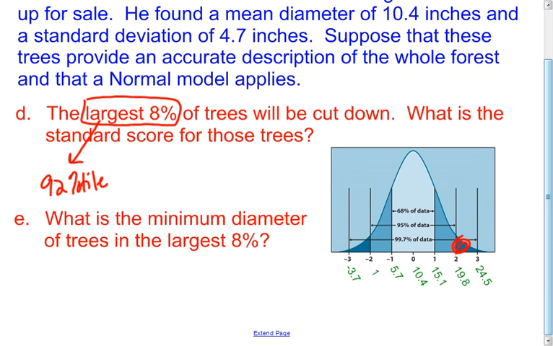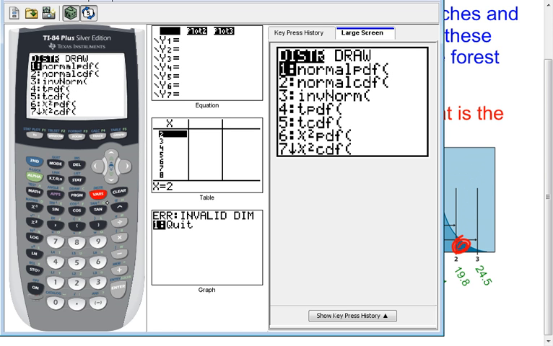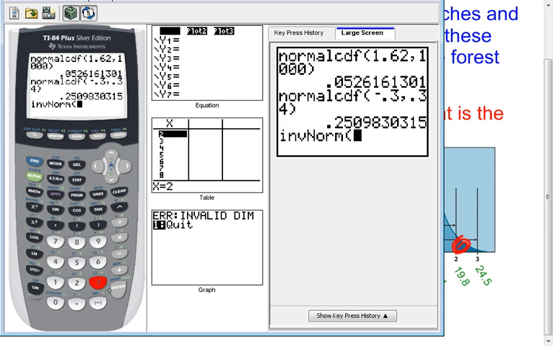And I want to figure out what the standard score is, okay? So what I'm going to do on my calculator is I'm just going to go inverse norm. I'm going to put the percentile in. If the only thing that I do is put the percentile in, my calculator will spit out a standard score for me. And that's what I'm going to do right here. Okay, so I'll go to my calculator and I will do second variables. I will go to inverse norm, which is number 3.